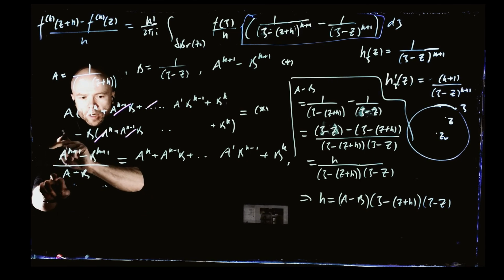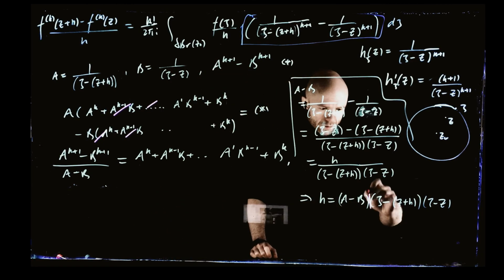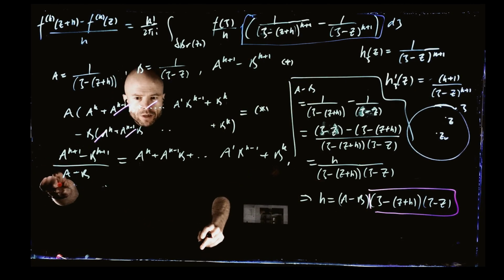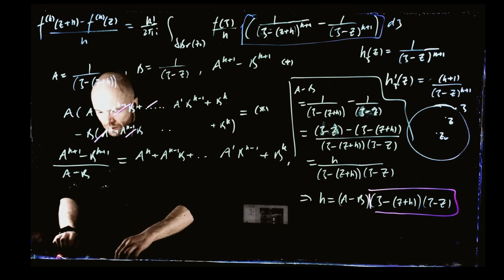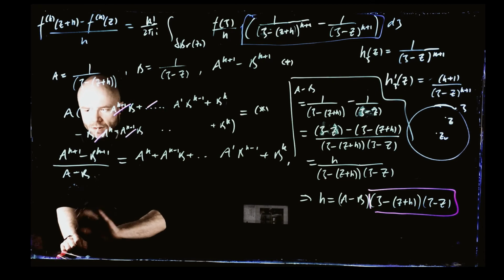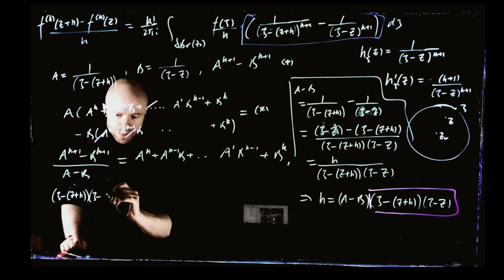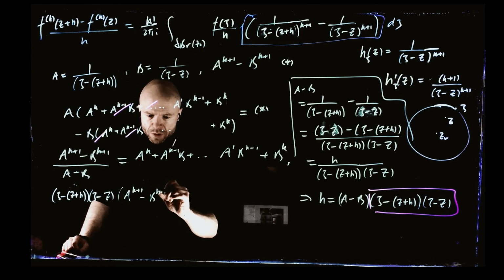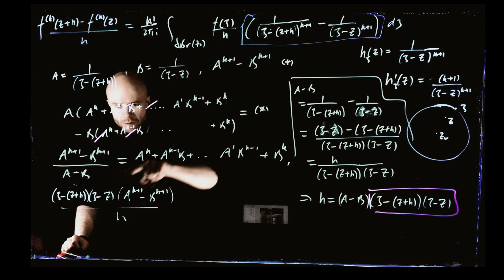We could multiply top and bottom of this thing by this thing over here without changing anything. If we multiply top and bottom by the red box, we don't change anything, but that would give us h underneath. So then we would have zeta minus z plus h times zeta minus z times a to the k plus 1 minus b to the k plus 1, over h, is equal to everything over here.